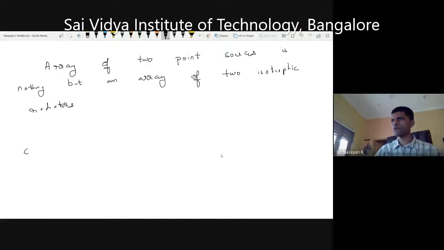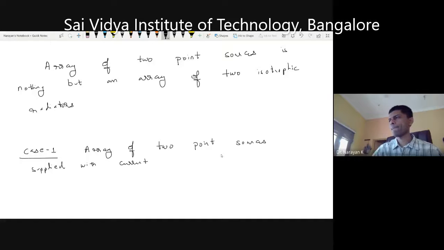Under this array of 2-point sources, first write down case 1: array of 2-point sources supplied with currents of equal magnitude and phase.